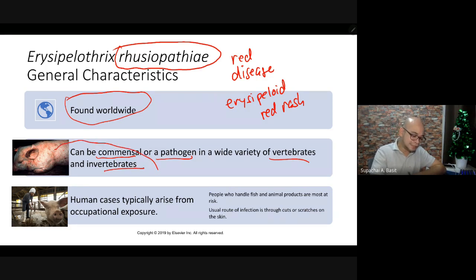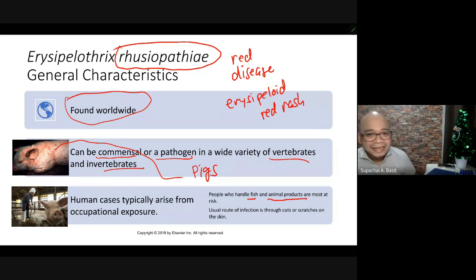Usually pigs serve as the reservoir of Erysipelothrix rhusiopathiae. Human cases typically arise from occupational exposure, meaning people who handle fish and animal products are mostly at risk of getting Erysipelothrix rhusiopathiae.